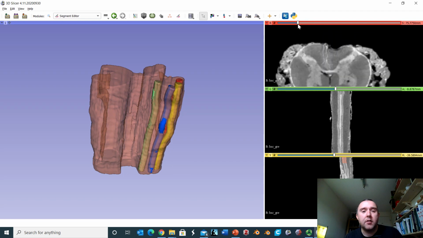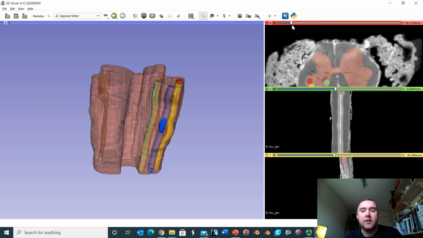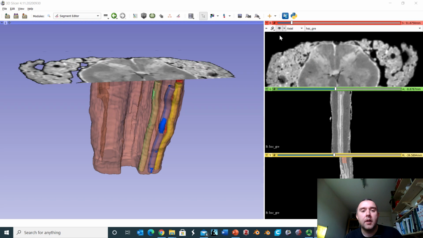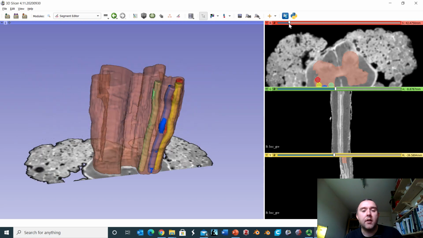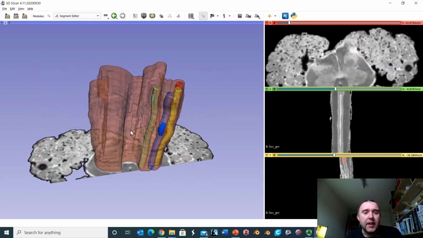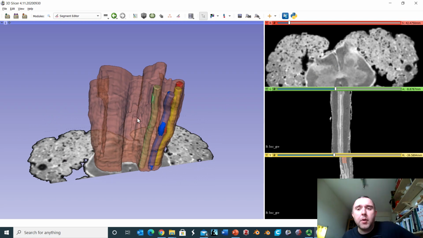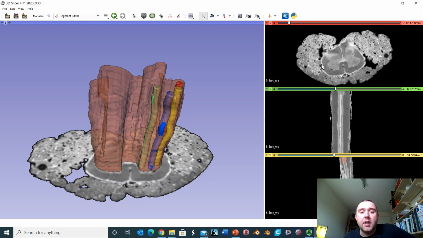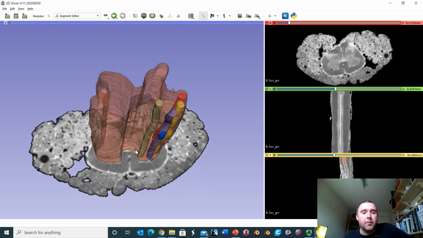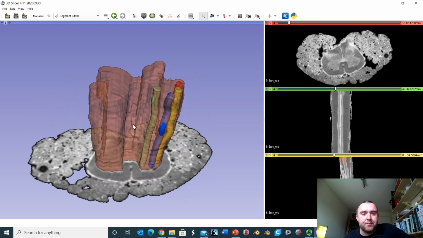So let's just take our cross section down here like this, and we can just see how that correlates. So we can see in brown we've got the lumbar cord. And the lumbar cord is characterized by having a large amount of grey matter and very big dorsal and ventral horns, due to them distributing to large myotomes and dermatomes in the lower limbs.